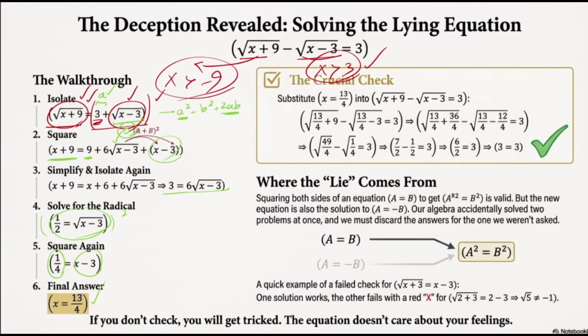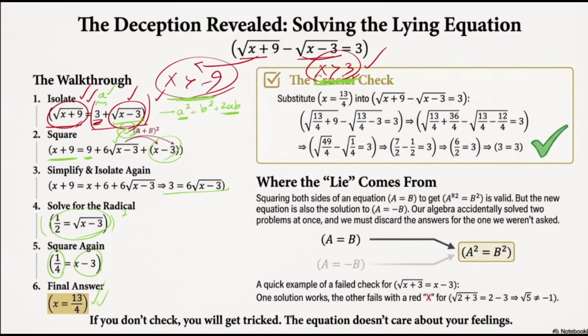So here's the thing. Is this going to be the right answer? I have to check that. How can I check it? First of all, I have to make sure that x equals 13 divided by 4 is within the range. Since this number is bigger than 3, it is probably right. The second important step is the substitution method.